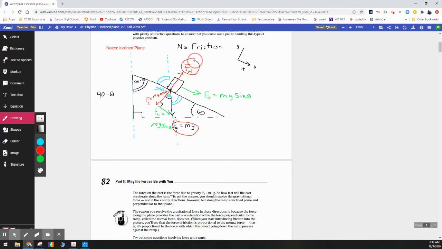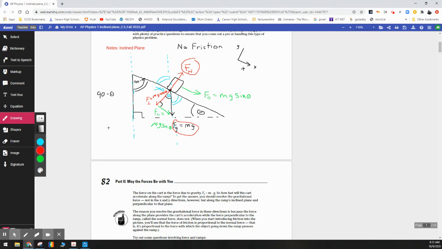We've excluded friction. These are components; they're not the actual force vectors, so we have to make sure we distinguish that. Going forward, when asked a question, the parallel component of gravity, mg sine of theta, is responsible for the block sliding down the ramp.